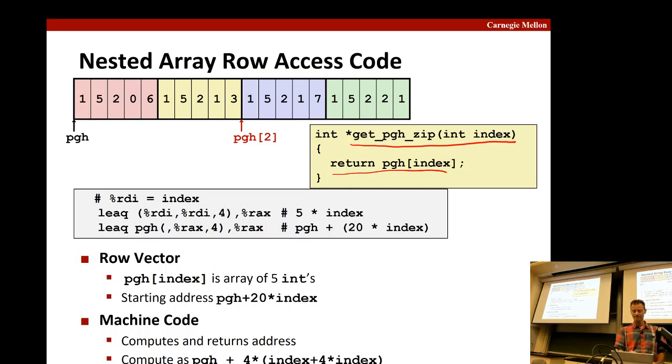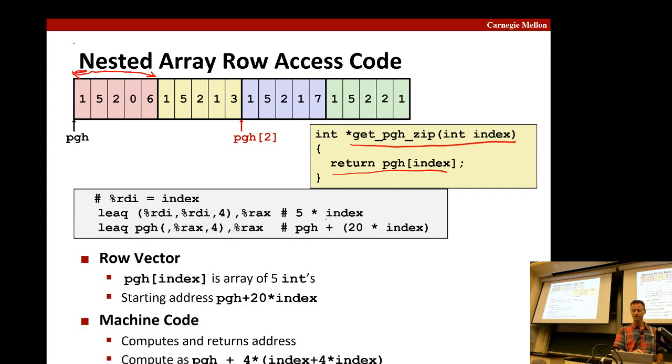And so what is the starting address? Well, we said the starting address is always the index you have in mind times the size of each element times the size of each column.